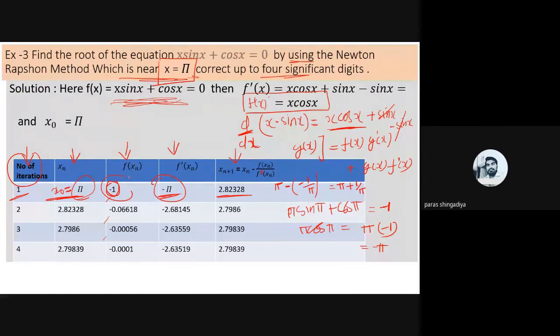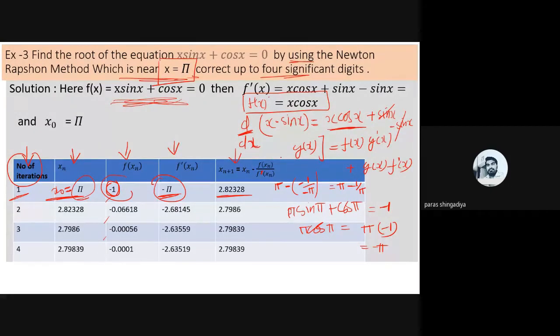It is -1. There are two negative signs here, and there is also minus pi here, so the remaining sign is negative. There are three negative signs there: -1, minus pi, and one negative sign for the formula.